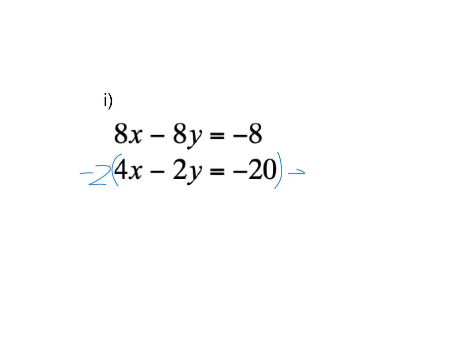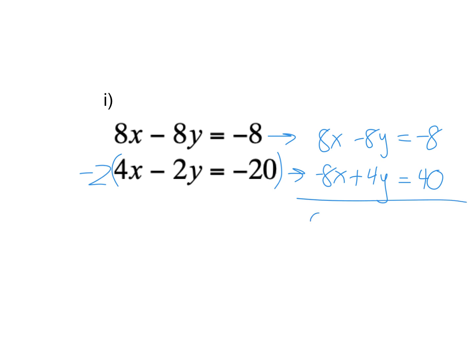Once I do that, I will get negative 8x plus 4y equals positive 40. I got that from distributing this negative 2 to each of these three pieces. All right, and then I will copy the top equation on top. So 8x minus 8y equals negative 8.